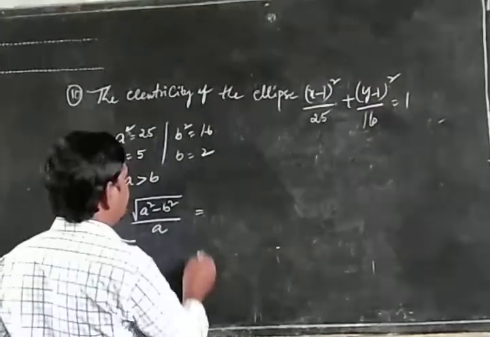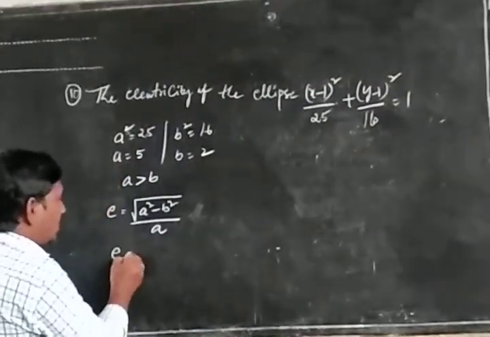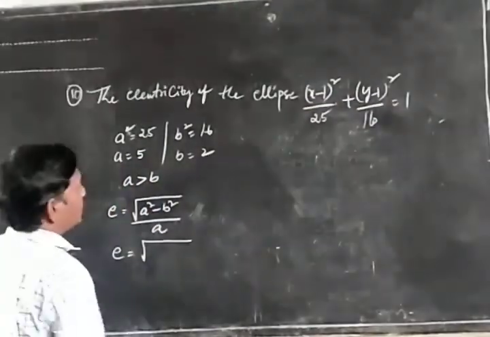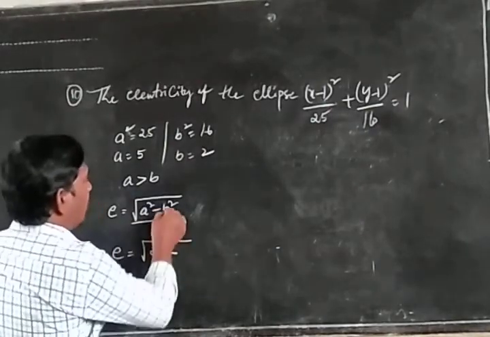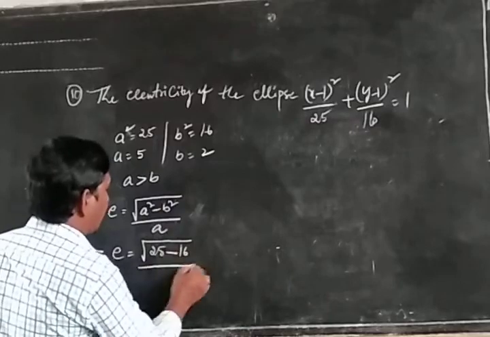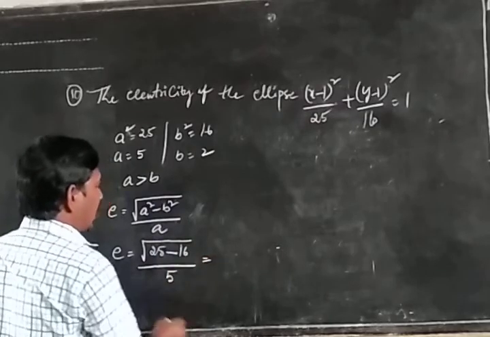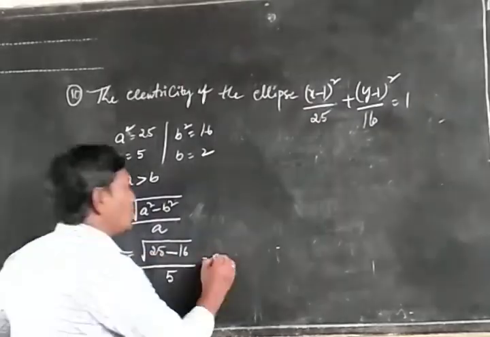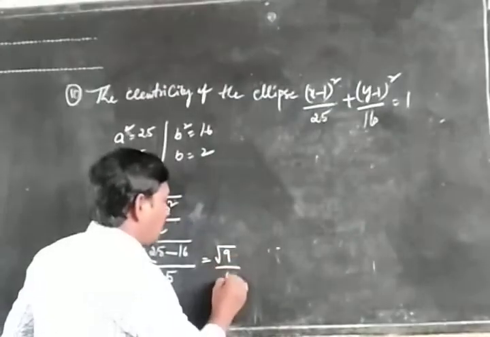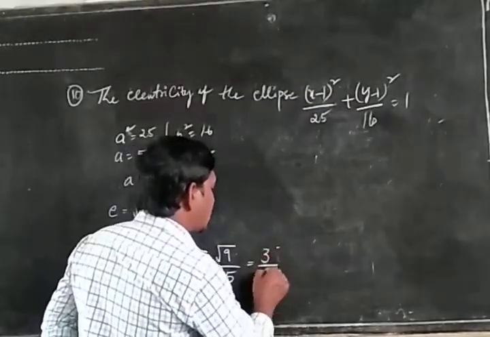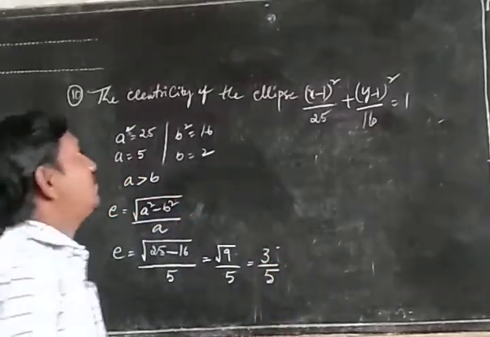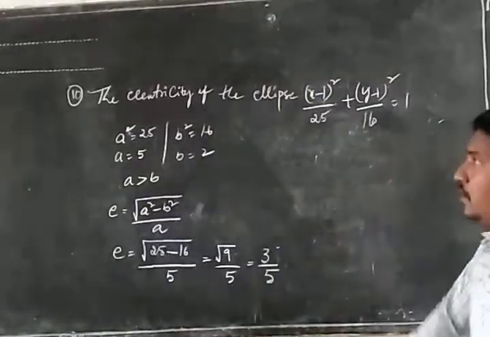So simply, what is the a square value? 25 minus 16 by 5. Okay, 25 minus 16, root 9 by 5. That means root 9 means 3 by 5. So 3 by 5 is the eccentricity of the given ellipse.